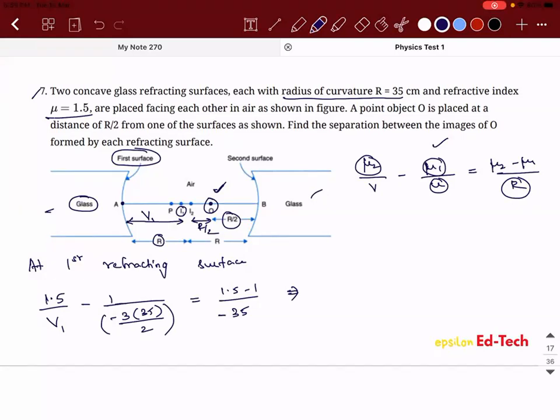Sir, for the first surface, the object is on the right only. So you're taking this as the origin. Yes, sir.